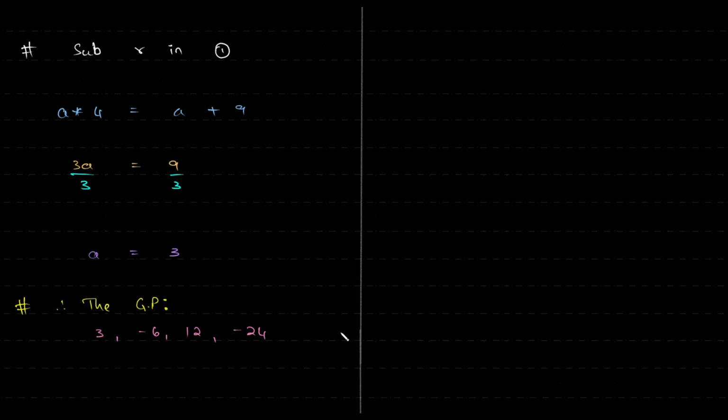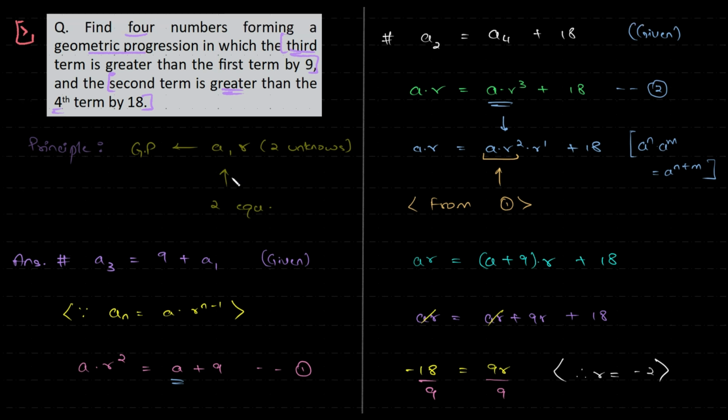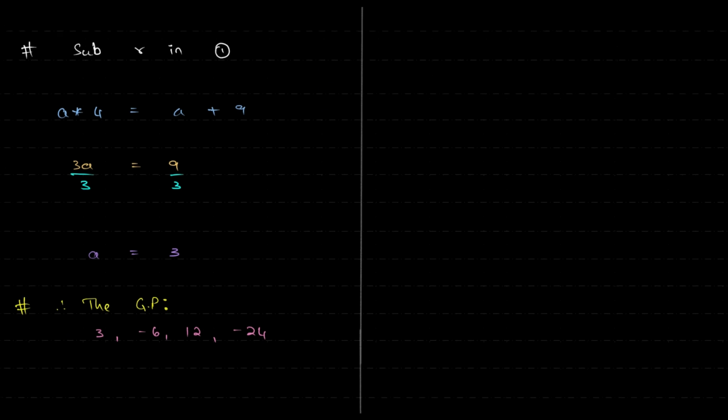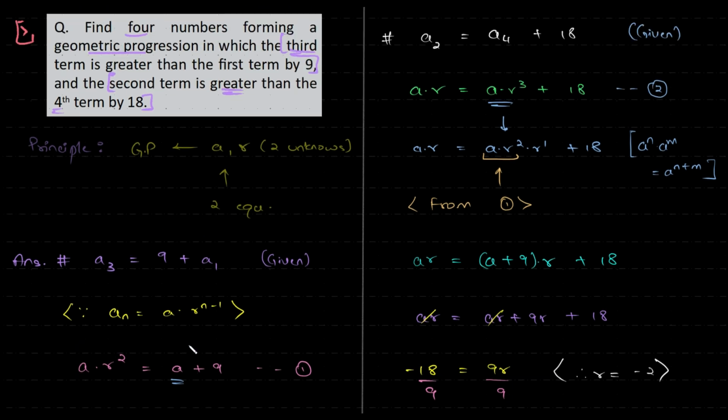Does it look correct? Let's have a look. We have the third term greater than the first term by 9. Is that so? Yes. And the second term is greater than the fourth term by 18. That's correct. So minus 24 plus 18 is minus 6. That's how we have to think, and this will be our answer.